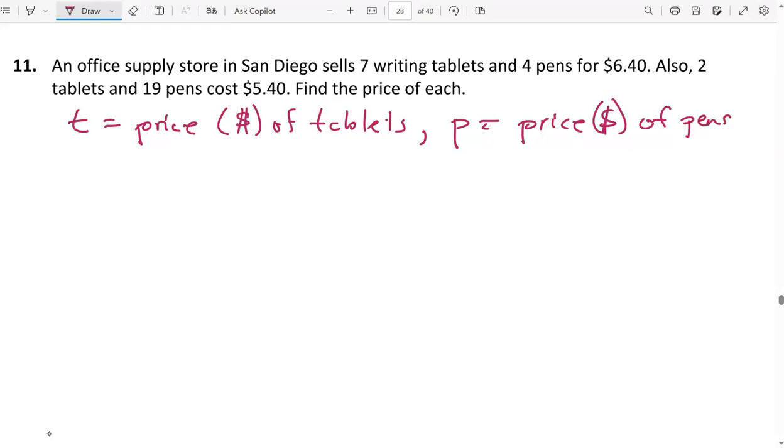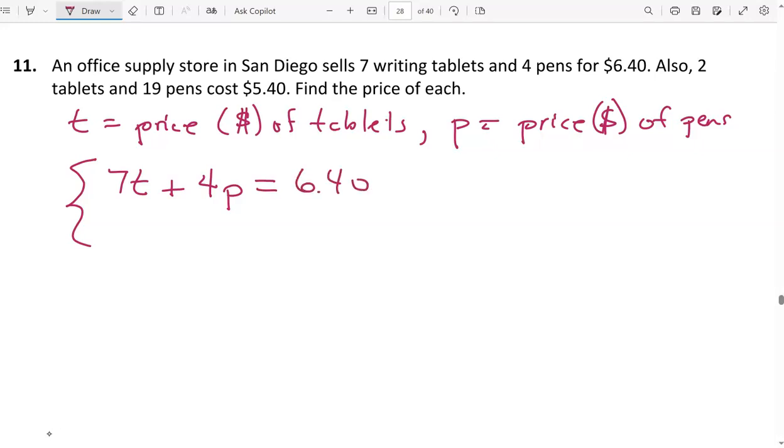And so in our first situation, we have 7 writing tablets and 4 pens, and our total price of $6.40. Well, the cost of 7 writing tablets is 7 times the price of a tablet, and the cost of 4 pens is 4 times the price of 1 pen, and that total gives us $6.40.